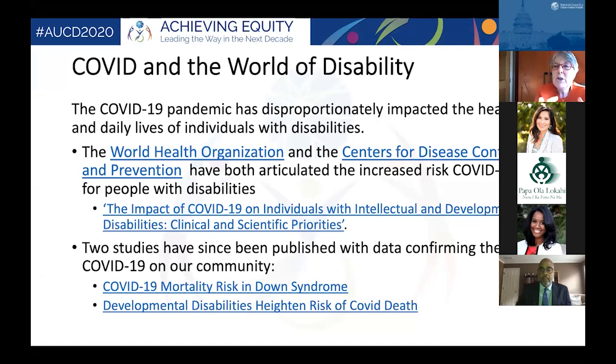So I want to make sure you understand that in the context of disability in general, but then layered on top of all of the things everyone else has been talking about here about the risks in racial and ethnic communities and the targeted communities that this project is working with. So layer on top of that the disability risk.